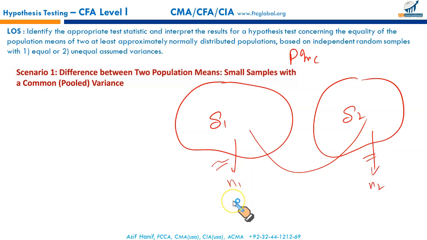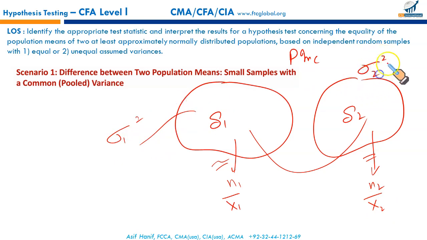And these are the sample means of populations P1, P2. And let's say the population variances are sigma 1 squared and sigma 2 squared. We are assuming that these two variances are the same. There is a common variance.